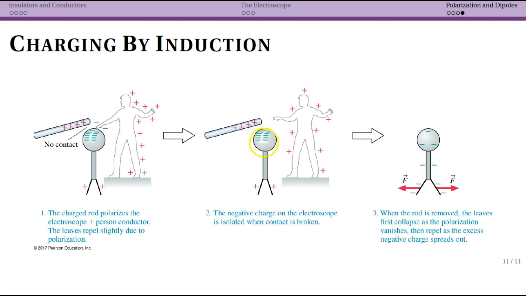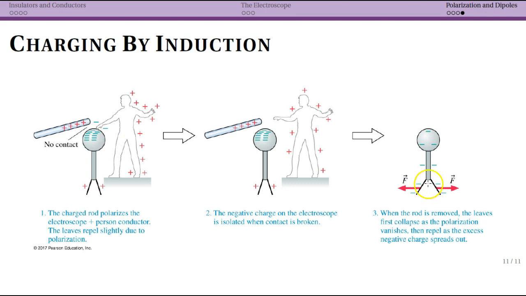So these excess negative charges redistribute, and 2 of these negative charges cancel out 2 of these positive charges, but we are still left with excess negative charge. So our leaves still repel, but notice what's happened here.